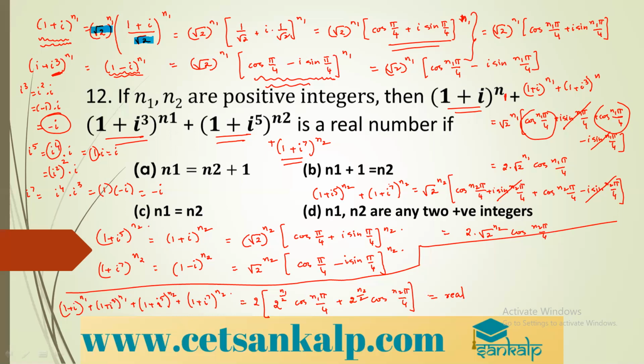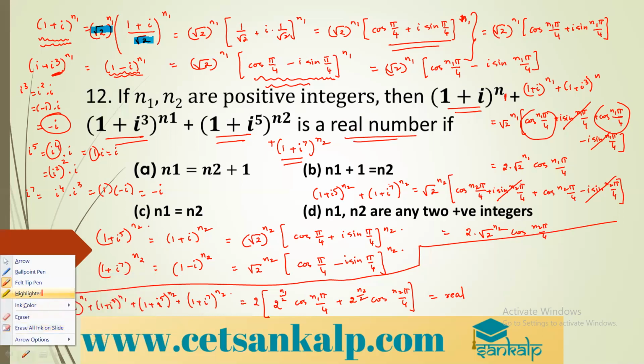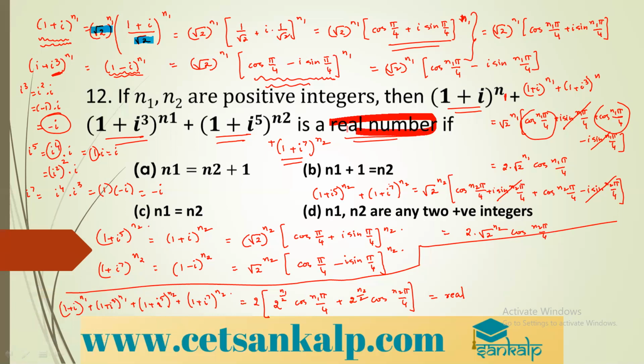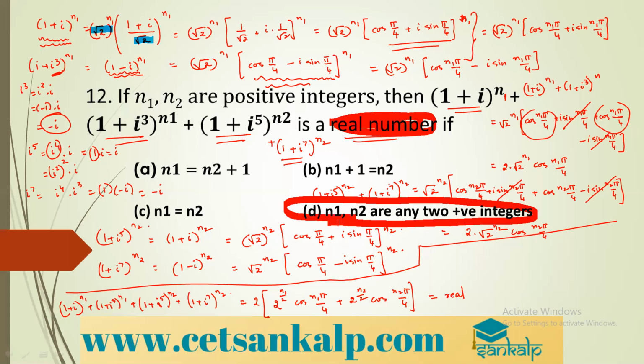As per the question, the answer will be a real number always. n1 and n2 can be any positive integers, and for all values of n1 and n2 it will be a real number. That is what we are proving here.